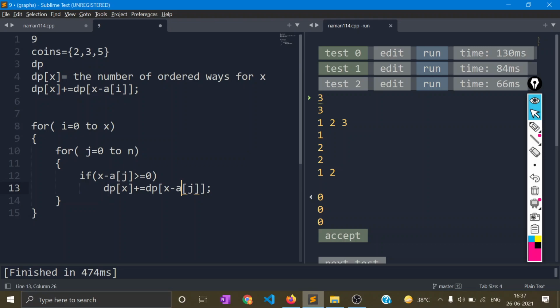So we were traversing like this. Let's see a dry run of this and how our array is filling.